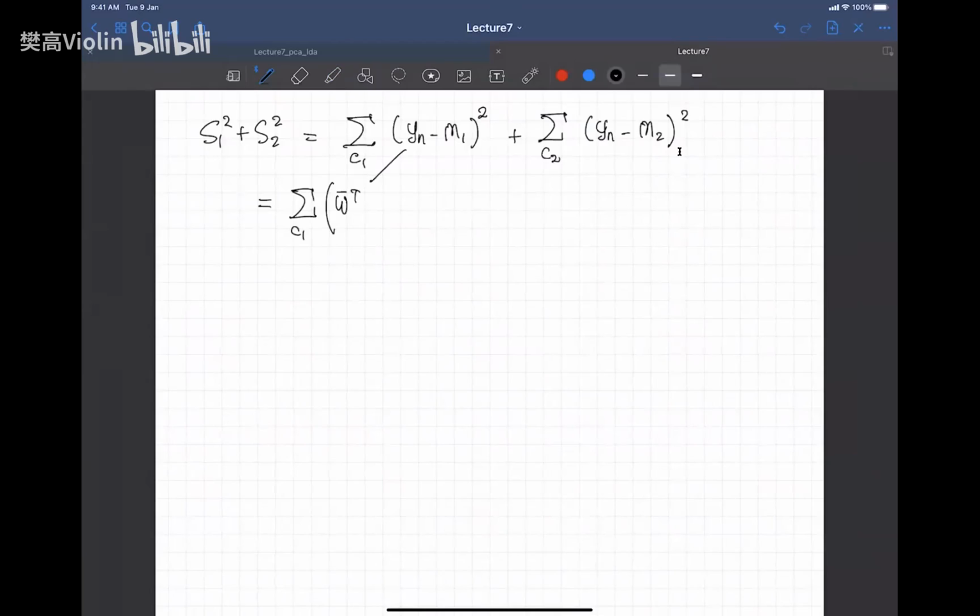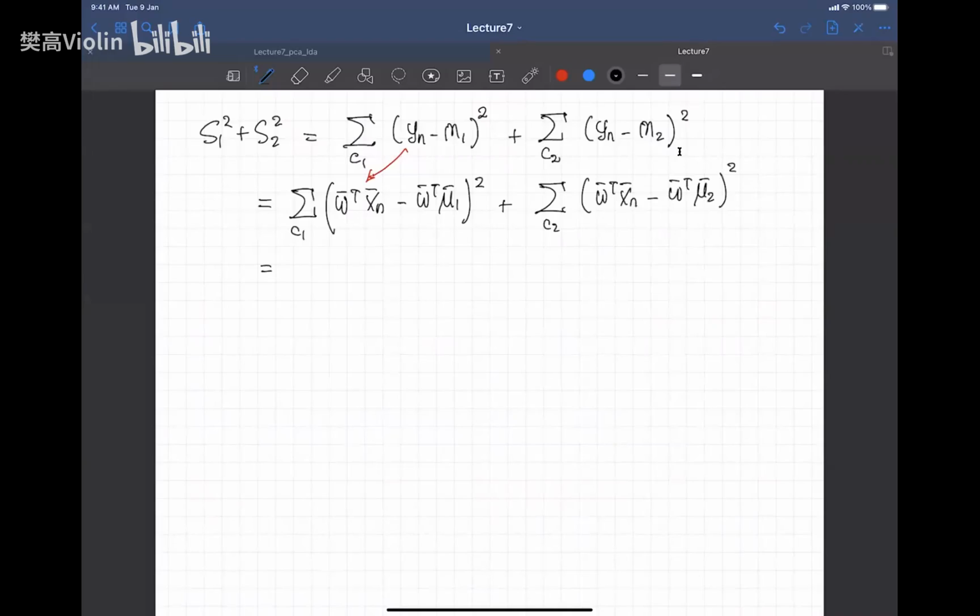Yn here is W transpose Xn minus W transpose mu1, square, plus the sum over C2 of W transpose Xn minus W transpose mu2, square. No problem here, I guess, right? This is just by definition again.